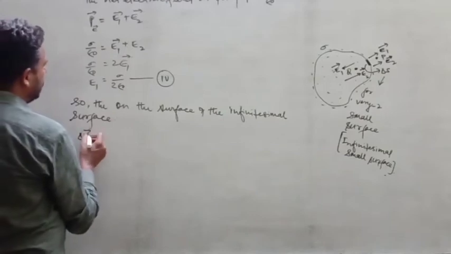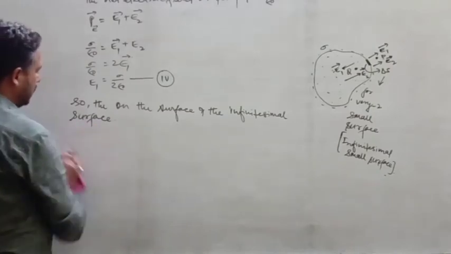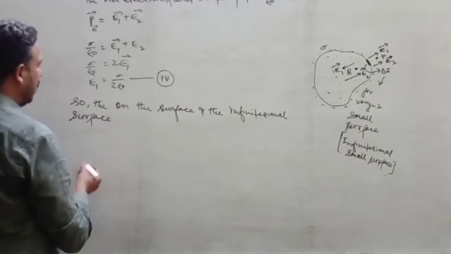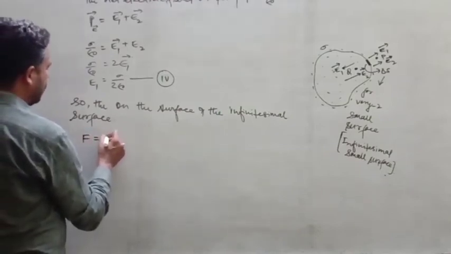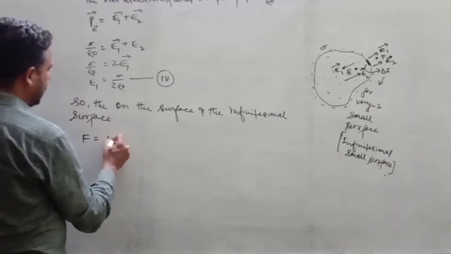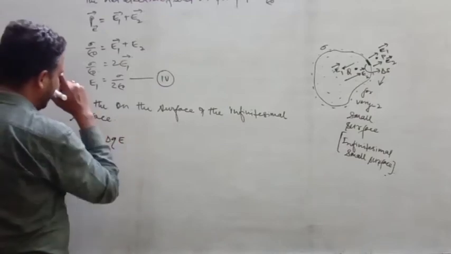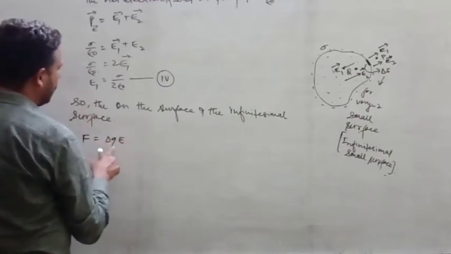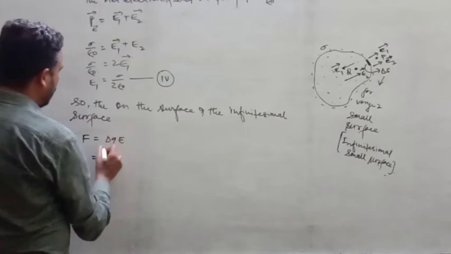So this delta F, right now I am just going to write in magnitude. So F is equal to the small charge, that is delta Q, and now the net field be E, that is delta Q E. Now delta Q from equation 1, how much is this?